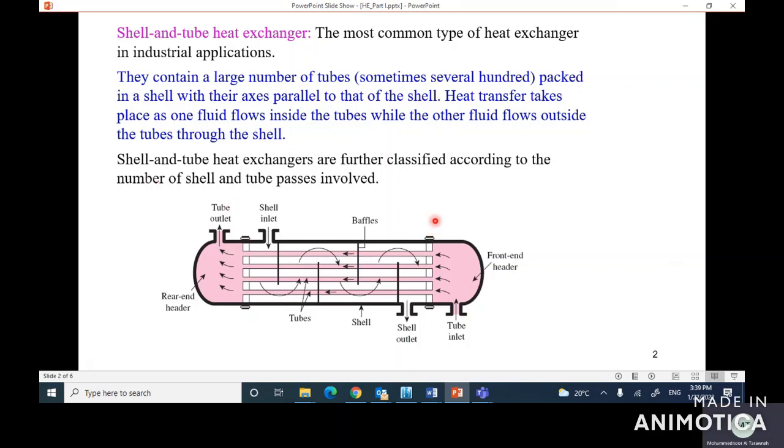When we do the detailed design of this heat exchanger, we need to know the internal diameter of the shell side, the length of the tubes, as well as how these tubes are arranged. They could be arranged in rectangular or square shapes. We also need to know the tube diameter, the length, and the fouling factors.